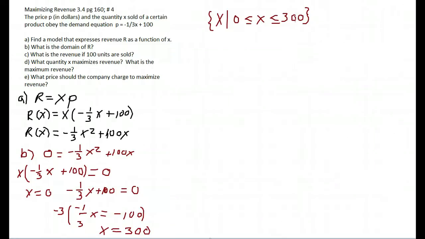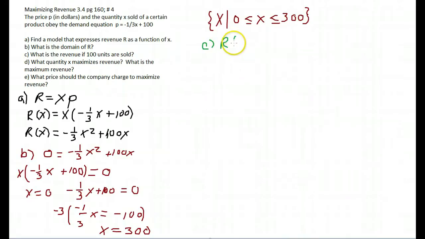Part C. What is the revenue if 100 units are sold? So for part C, all we're going to do is we are going to plug in 100 in place of the x. So for part C, we're going to take our equation.